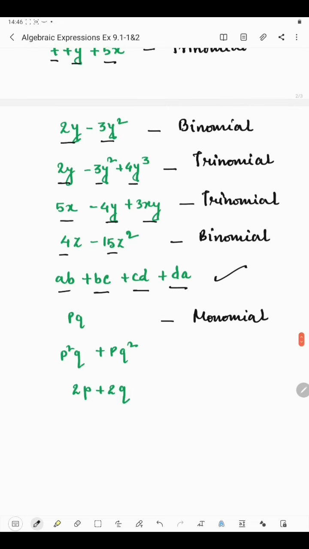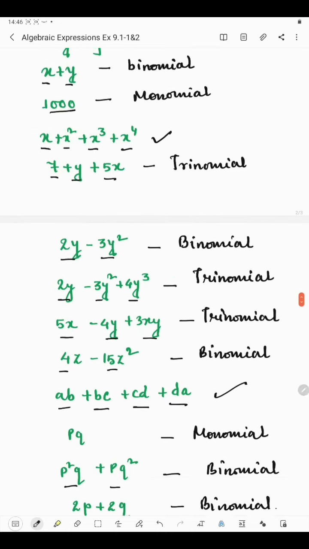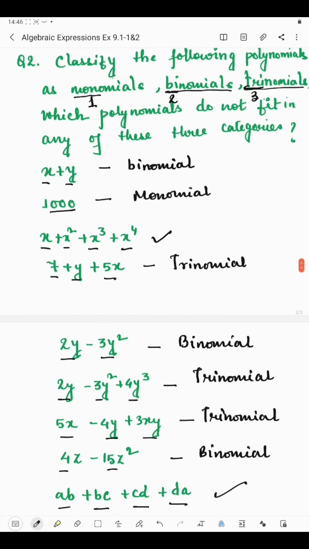Next we have p square q plus pq square. So we have two terms. So this is binomial. And in the last expression we have two terms again. So it is binomial. So this way we can classify the polynomials as monomial, binomial and trinomial.